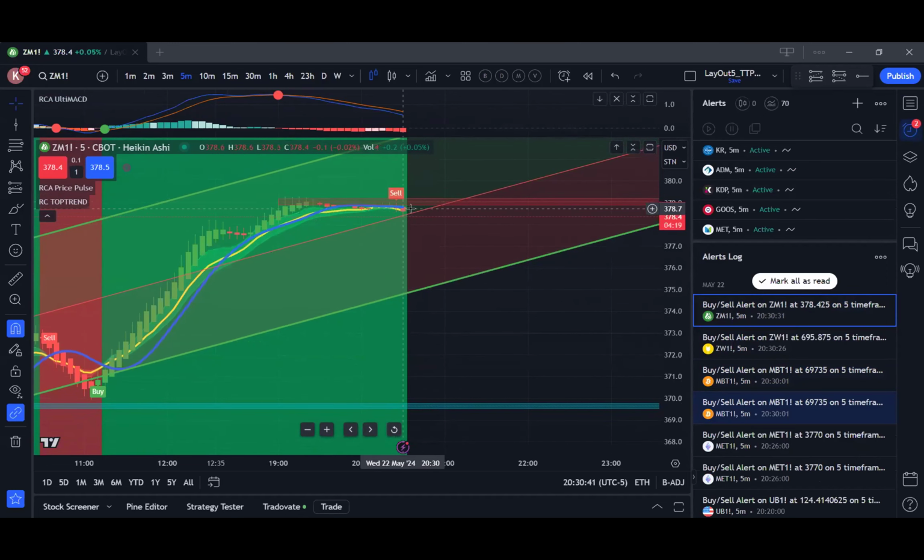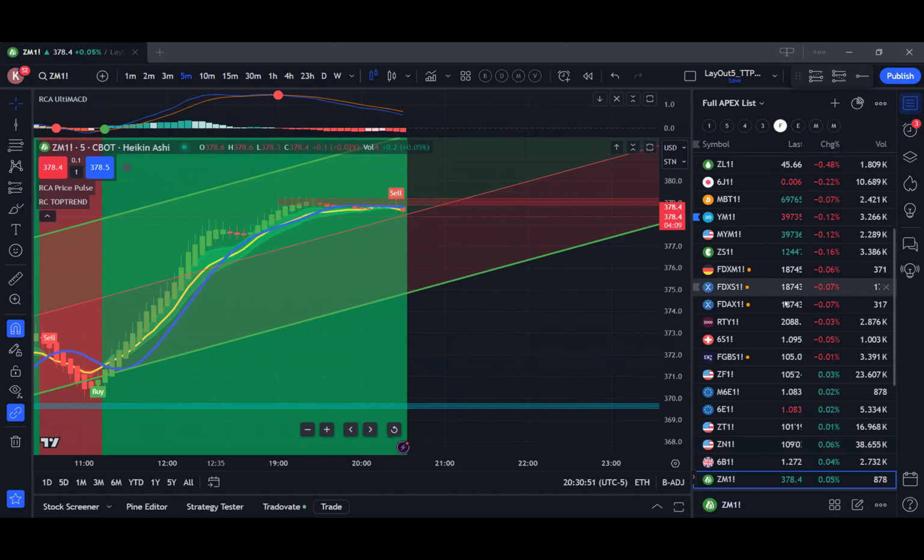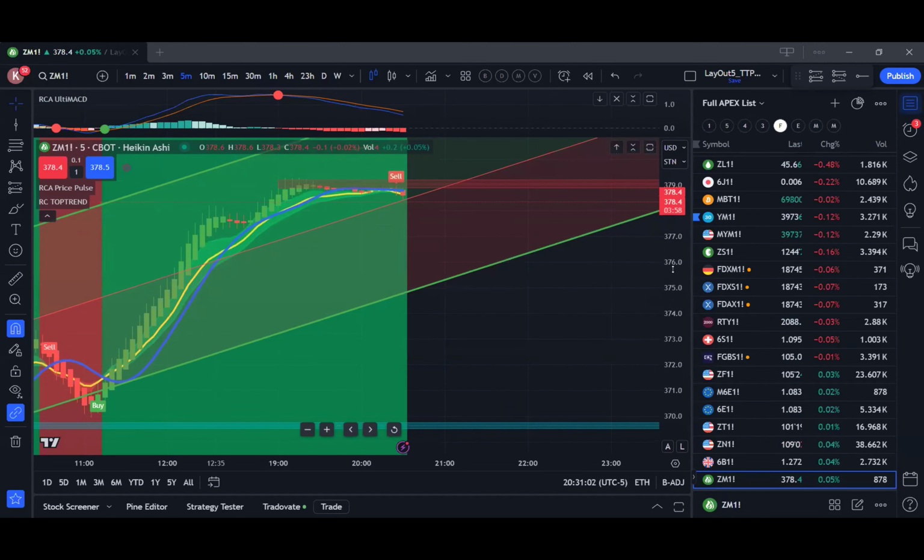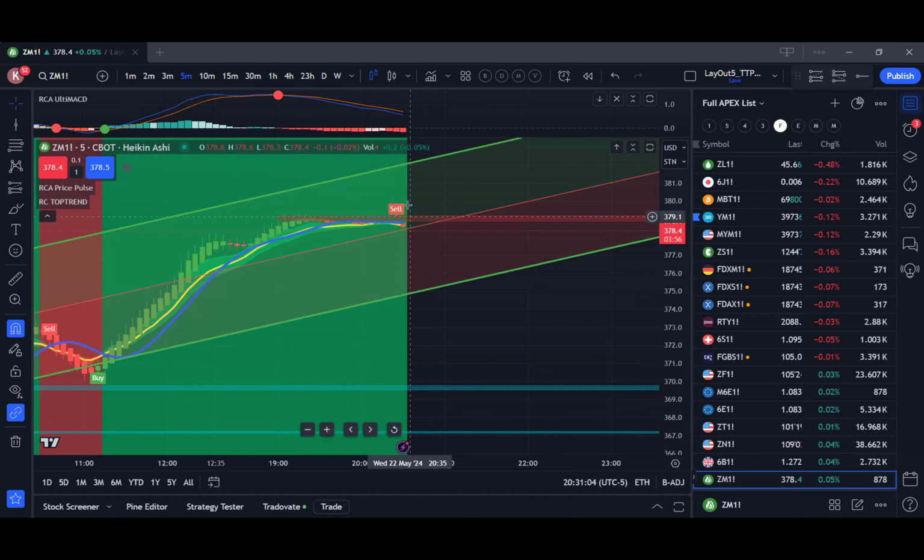So here, first thing is whenever you get a sell, for example, you got a sell on ZM. In the watch list, see whether it is bullish or bearish. It is mainly bullish, so don't even take a shot. Just wait for the buy signal, or wait for the triple confirmation.